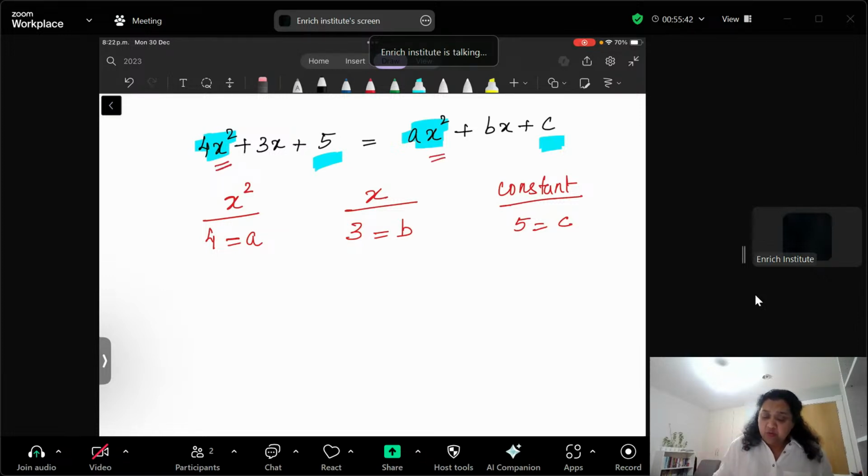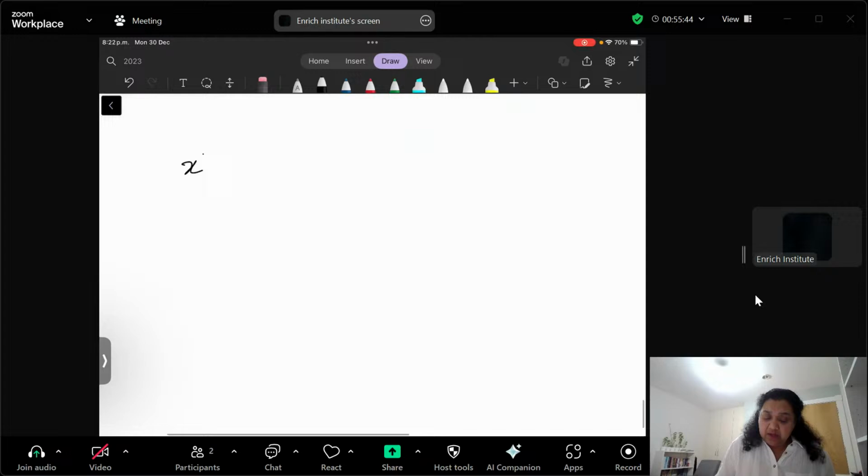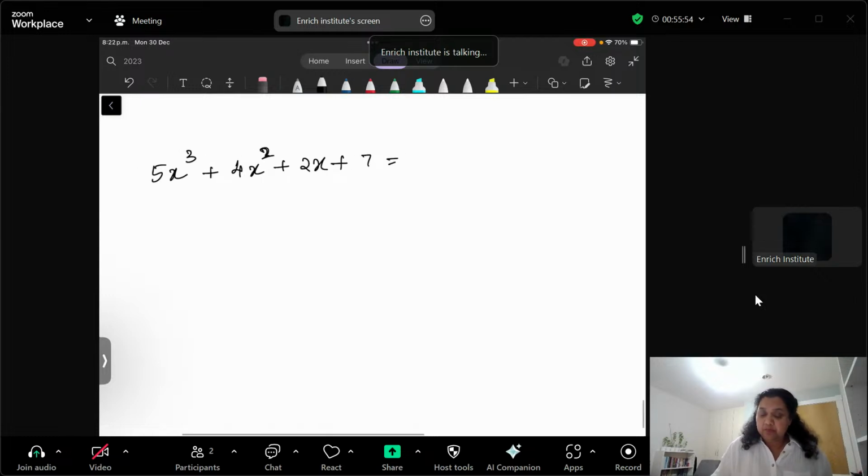I'll give you one more example. 5x cube plus 4x square plus 2x plus 7 is equal to ax cube plus bx square plus cx plus d. I'm taking a cubic expression.